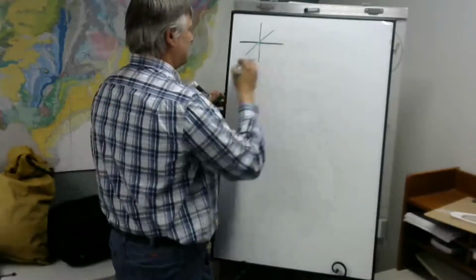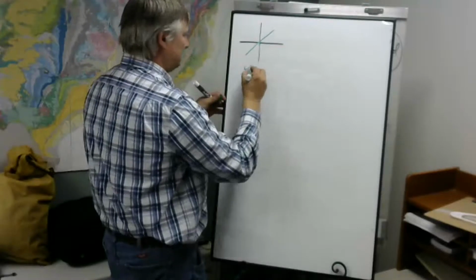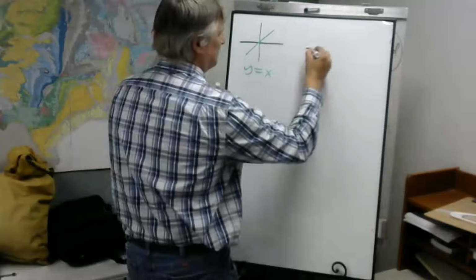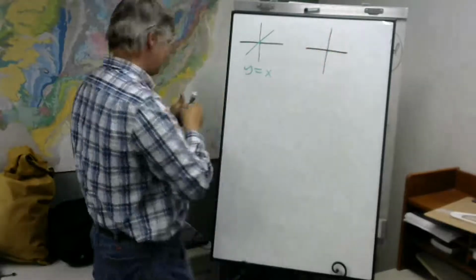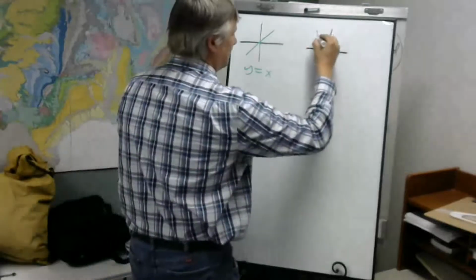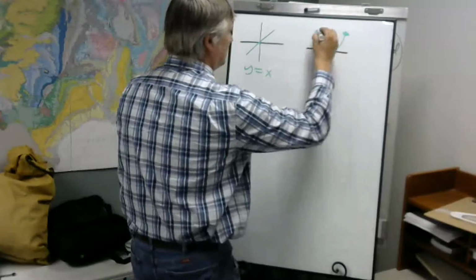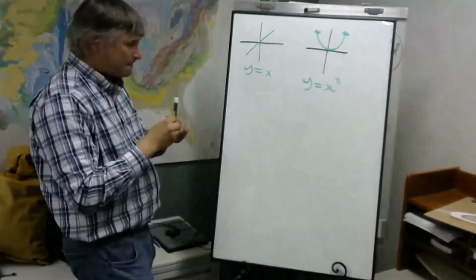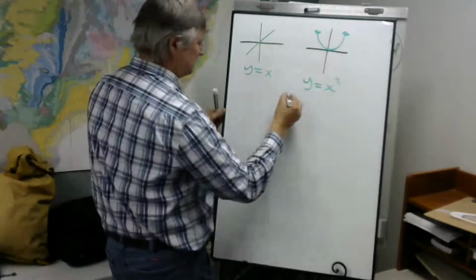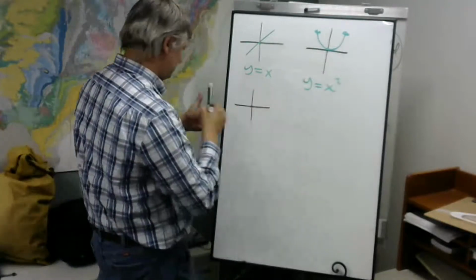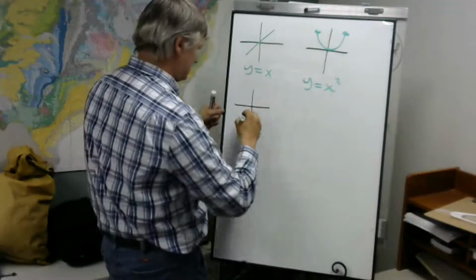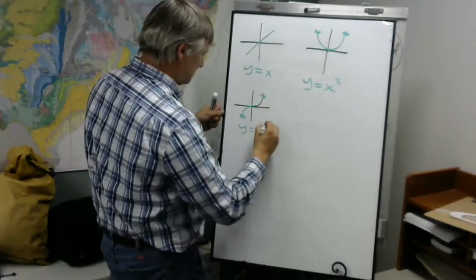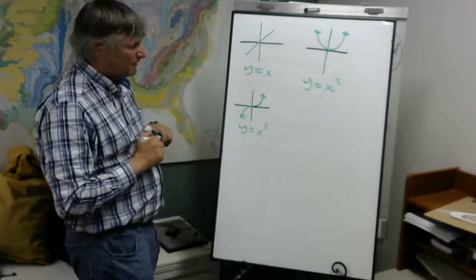we've got, say, y equals x. Another one, y equals x squared. And another one, y equals x cubed.